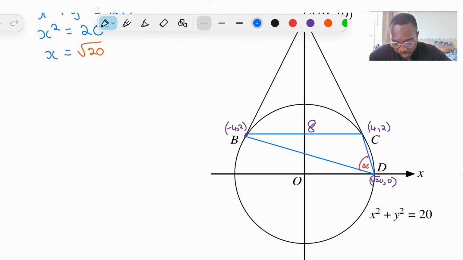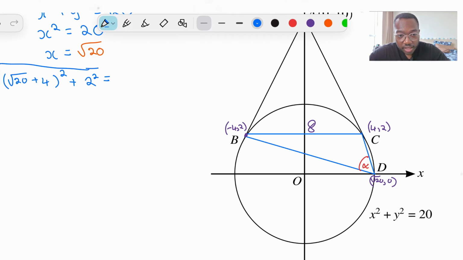So we know that it would be root 20 minus minus 4 in this case, okay? So that gives me root 20 plus 4, okay? So it'll be all of this squared, and then we just get plus that'll be a distance of 2. So just a distance of 2 squared, and then all of that will be squared, okay? And then, oh, and this should be a squared here, okay?